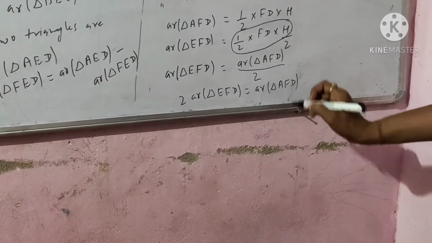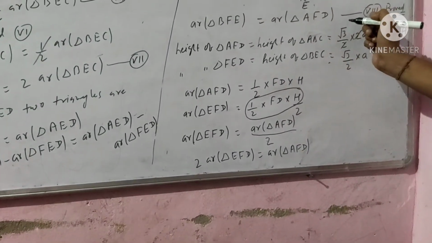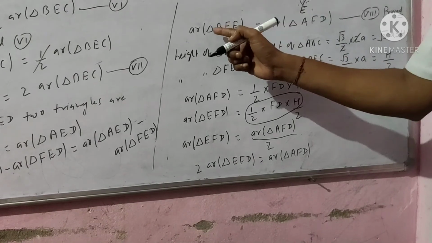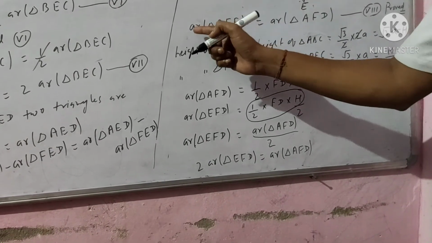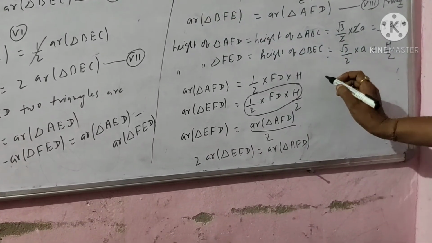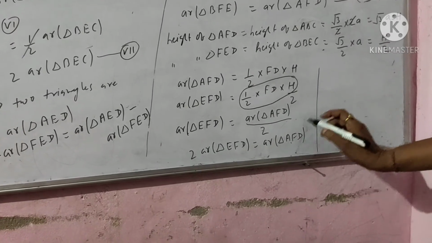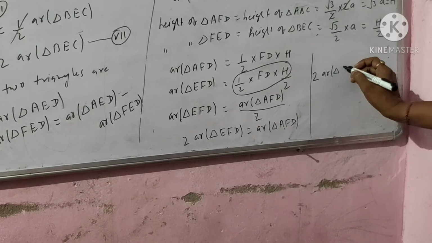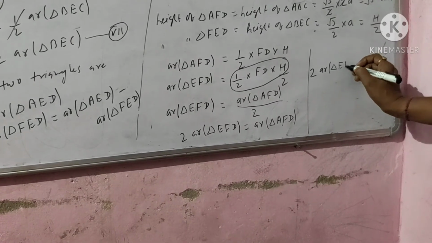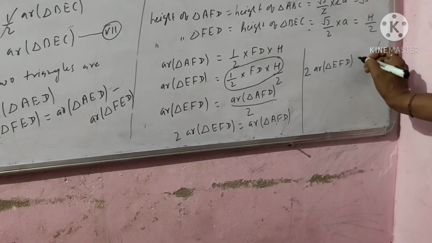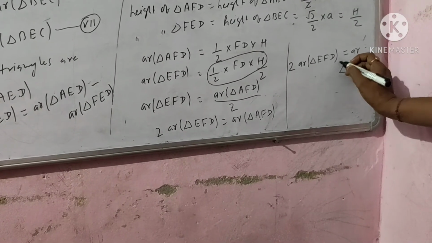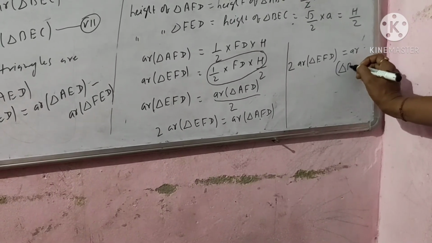Okay, here student, look at equation 8. AFD is equal to BEF. If you put the value here, then we can write 2 times area of triangle EFD is equal to area of triangle BFE.